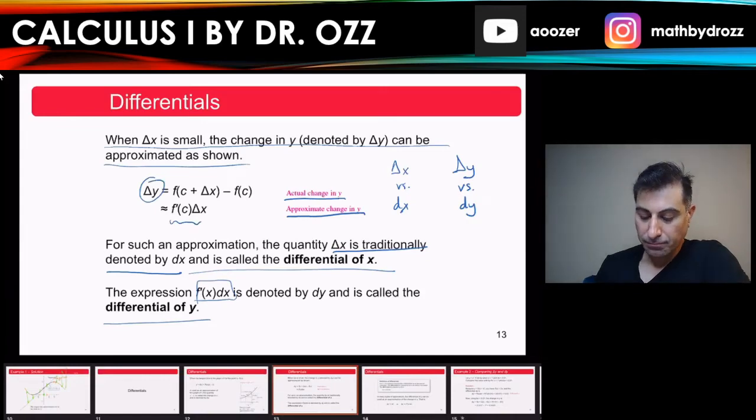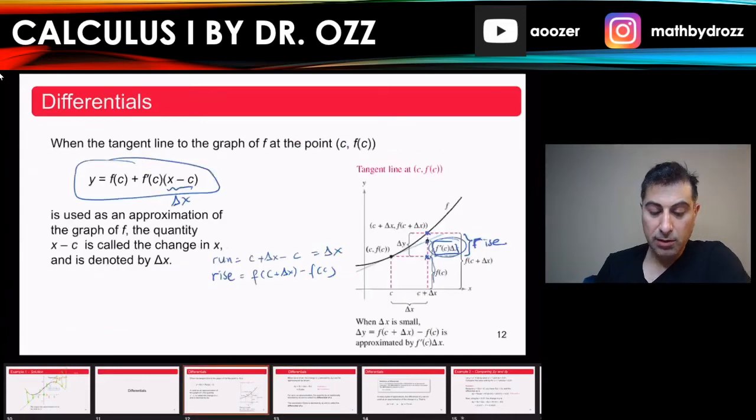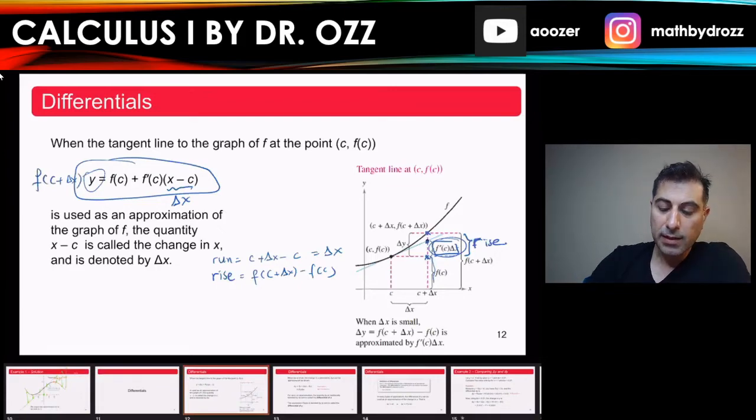All right. Again, going back to here, if you take y to be f of c plus delta x, and this x to be c plus delta x, right?